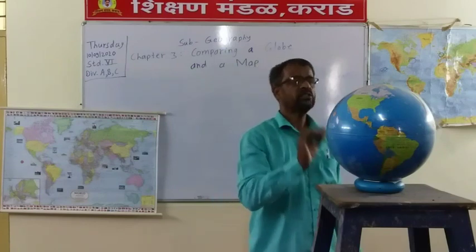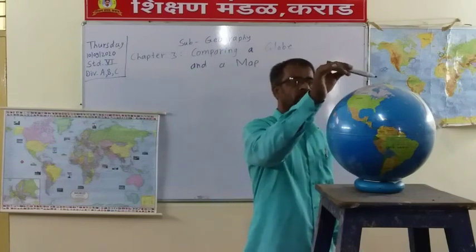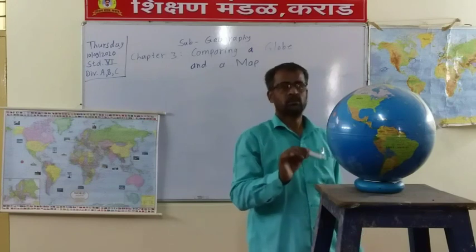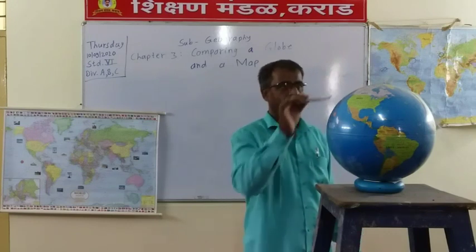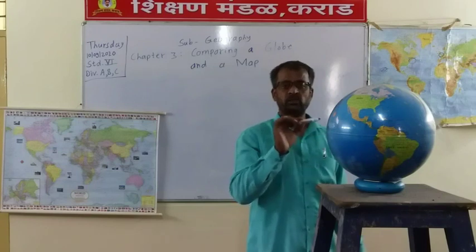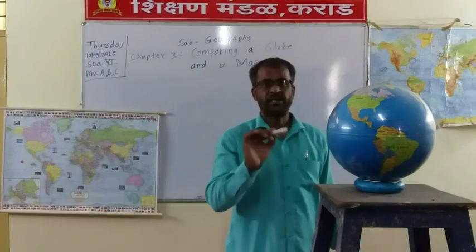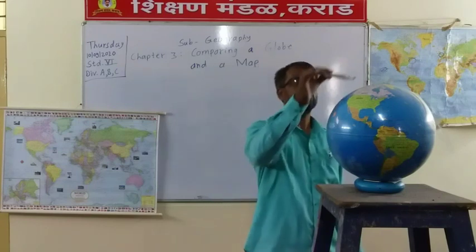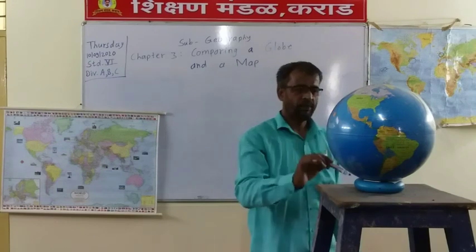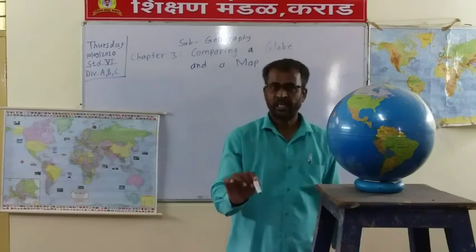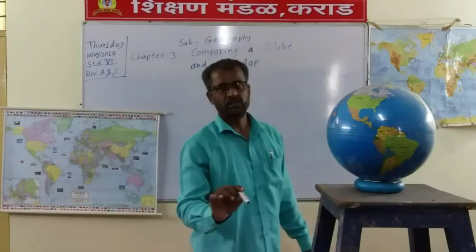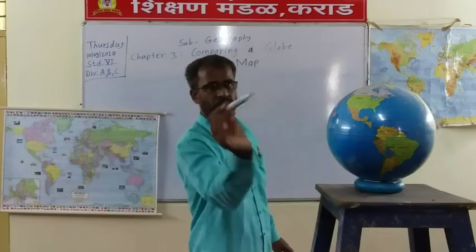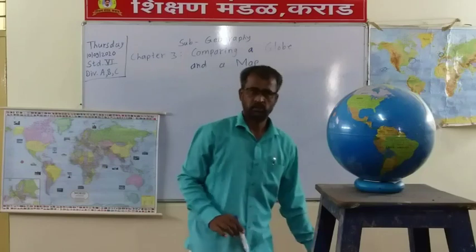And angular distance from the 0 degree meridian: we have learned that the 0 degree meridian is considered the prime meridian. So from angular distance from the equator and the prime meridian, one can express the accurate location of any place on the surface of the earth.